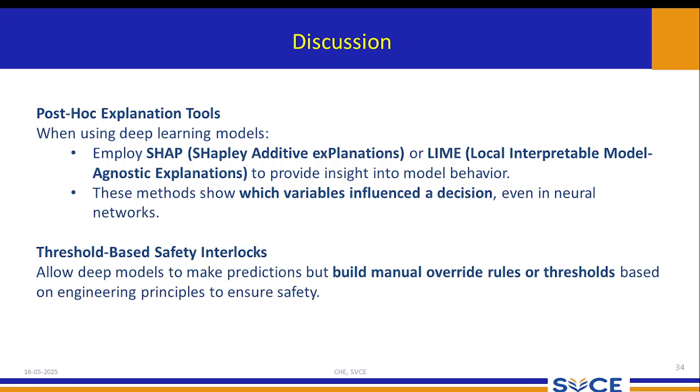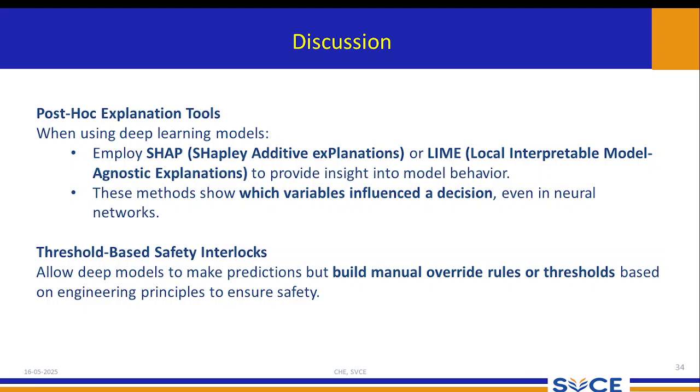So, SHAP values provide a way to interpret deep learning models by attributing the contribution of each input feature to the model output. And coming to the LIME deep learning model. LIME, local interpretable model-agnostic explanation, is a powerful technique for explaining the prediction of any machine learning model, including deep learning models, in a locally faithful and interpretable way.